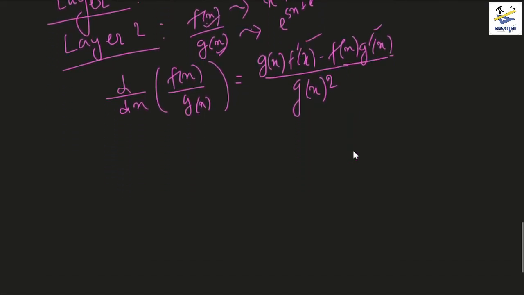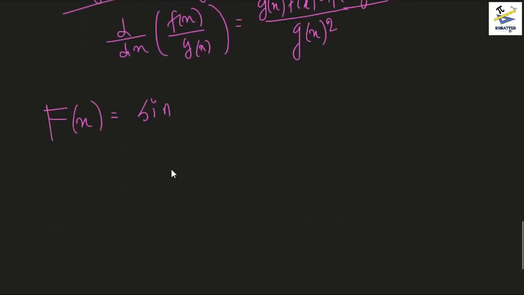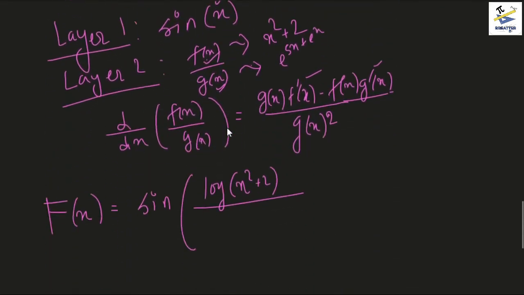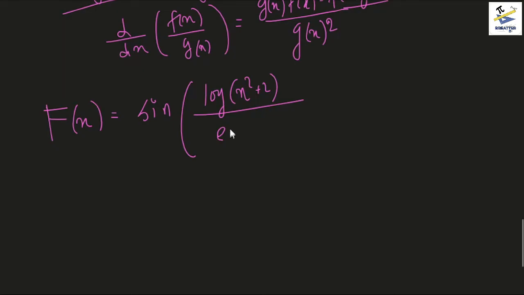So let's do this. Let us first define the function as capital F of x equals sine of, let me just copy it, log of x square plus 2 divided by e to the power 5x plus e to the power x.